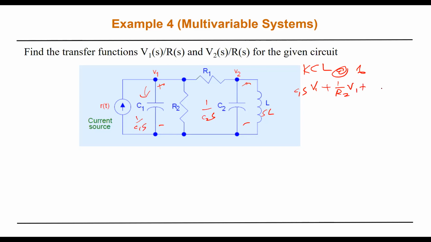Plus V1 minus V2 over R1. This is equal to R(t). You said it's minus, so I just put it in the other direction. Thank you very much. R(s), doctor. R(s), you are right. Thank you. So this is one.